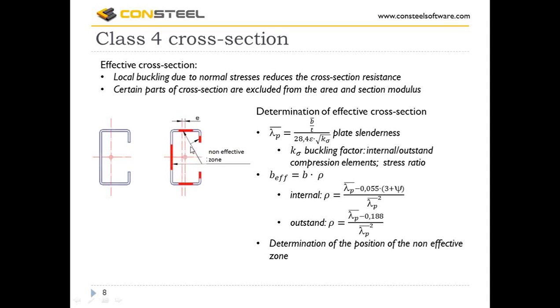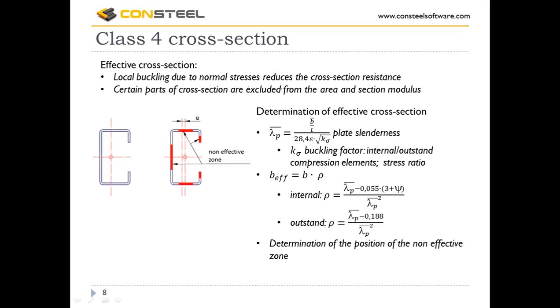The position of the non-effective zones depends on the boundary conditions, whether it is an internal or an outstand plate, and the stress ratio also. And here you can read the definition of the effective cross-section. Local buckling due to normal stress reduces the cross-section resistance, and certain parts of the cross-section are excluded from the area and the section modulus.